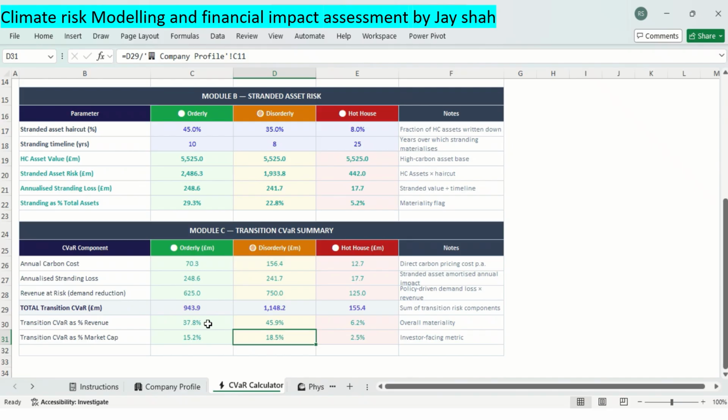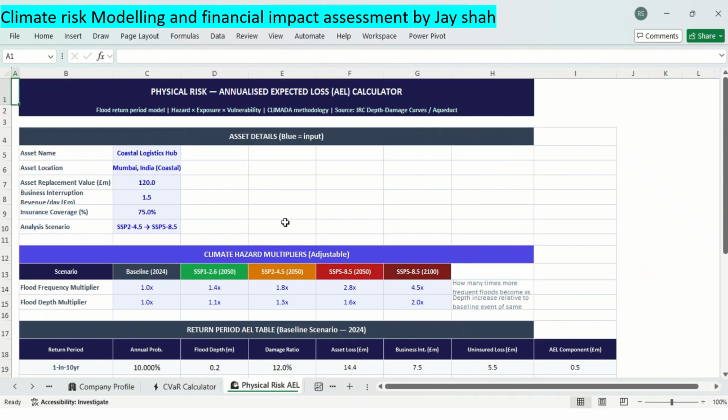Now let's move into sheet 4, which is physical risk. As I already explained in the slide with the overall example of the Mumbai Coastal Logistics Hub, I will explain in much more detail here. This sheet models physical climate risk using the annualized expected loss methodology, the standard approach used by catastrophe modelers, insurers and physical risk platforms like Climada or Oasis.